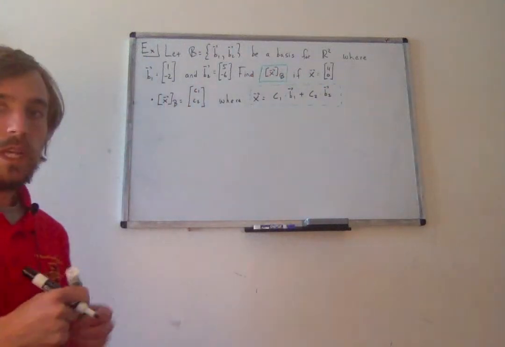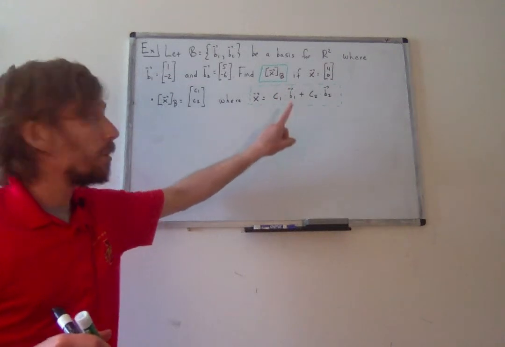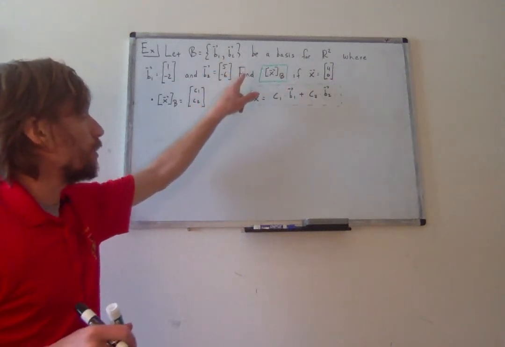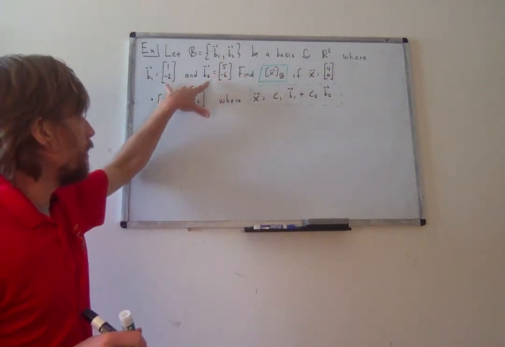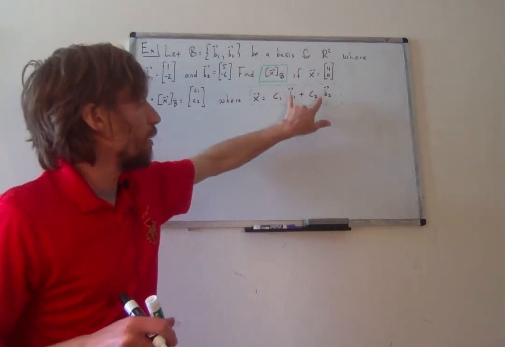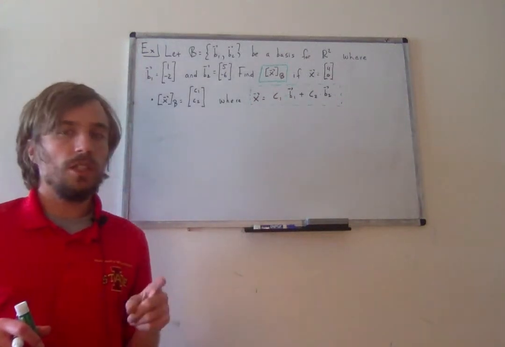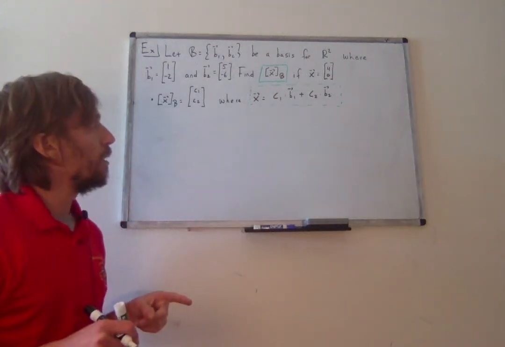And remember that we know that these two coefficients exist because B is a basis for R2. Because these two vectors form a basis for R2, we know that there's some linear combination of B1 and B2 that can give us x. The question is, how do we find it?